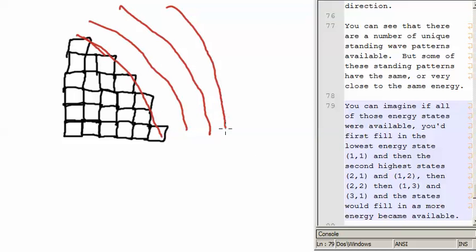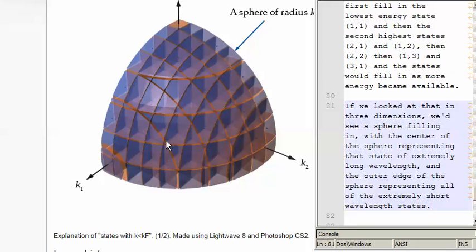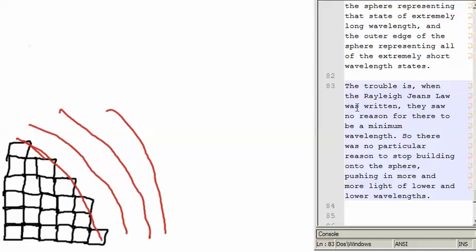If we look at that in 3 dimensions, we'd see a sphere filling in, with the center of the sphere representing that state of extremely long wavelength, and the outer edge of the sphere representing all of the extremely short wavelength states. The trouble was when the Rayleigh-Jeans law was written, they saw no reason for there to be a minimum wavelength.